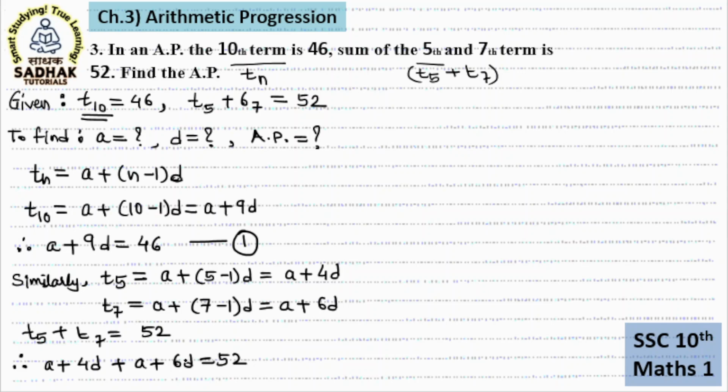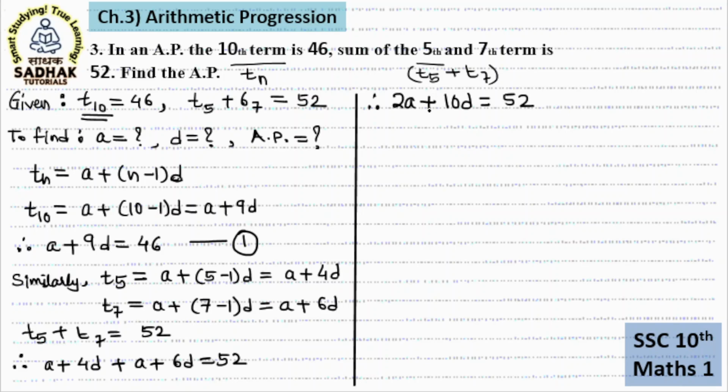When we simplify, A plus A will become 2A, and 4d plus 6d will become 10d. So that will be equal to 52.